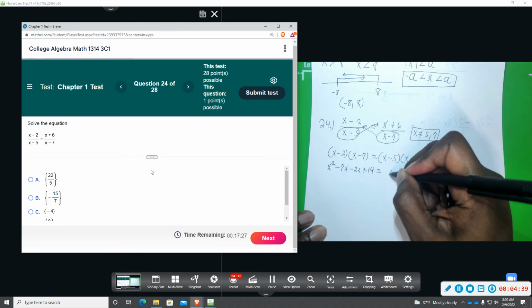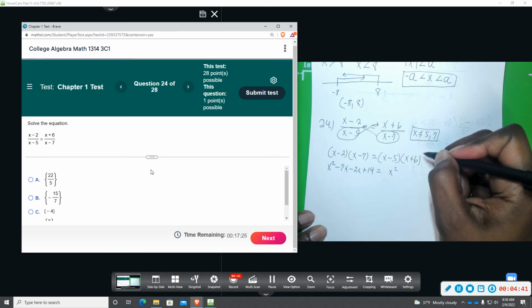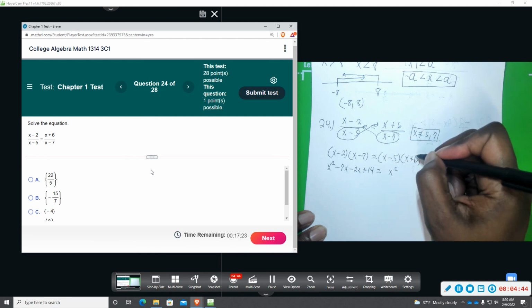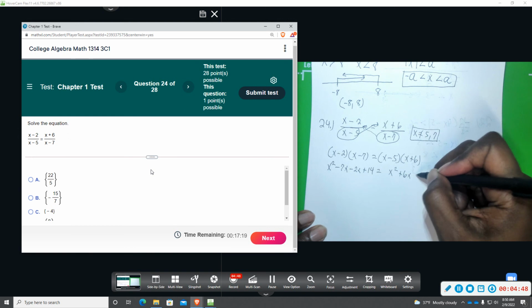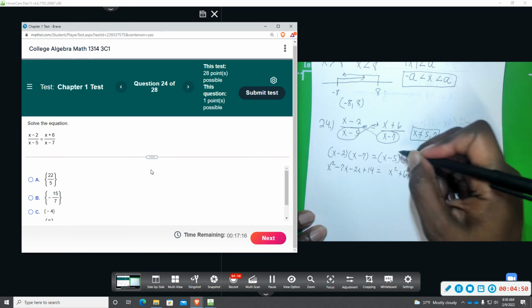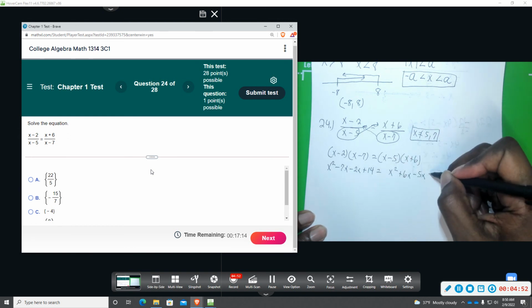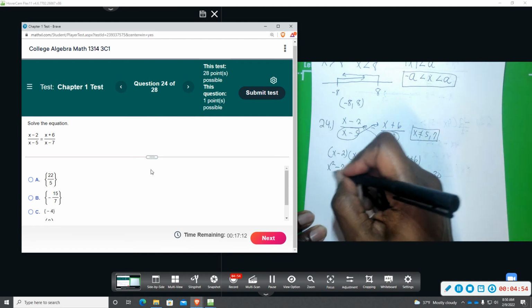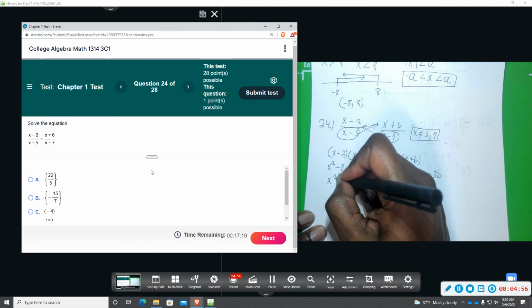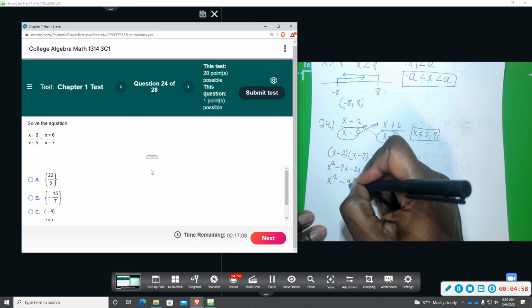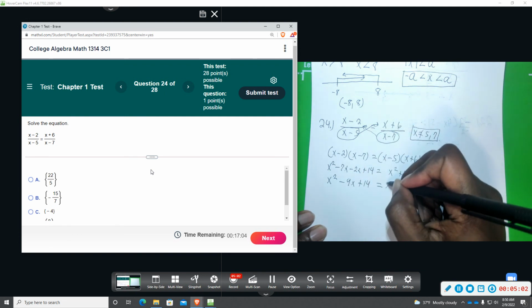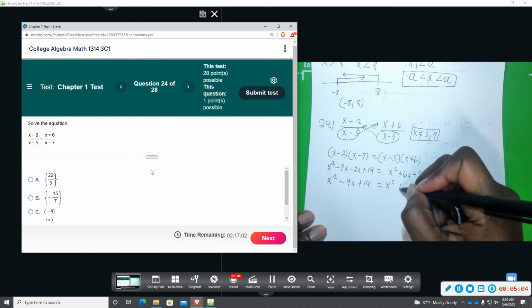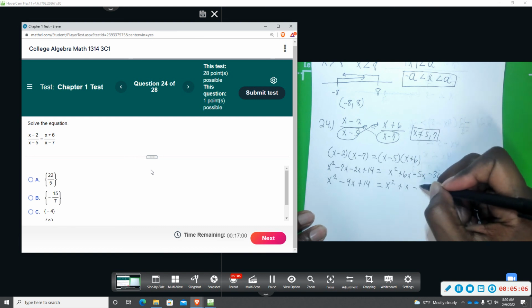X times x, x squared, x times positive 6, positive 6x, negative 5 times x, negative 5x, and then negative 5 times 6, negative 30. All right, we're going to simplify. X squared minus 9x plus 14. And we have x squared plus x when you simplify, minus 30.